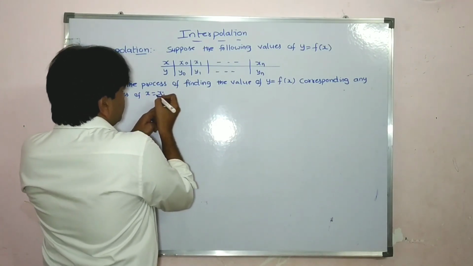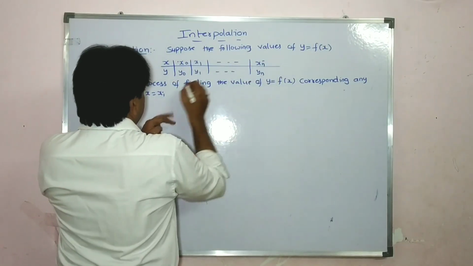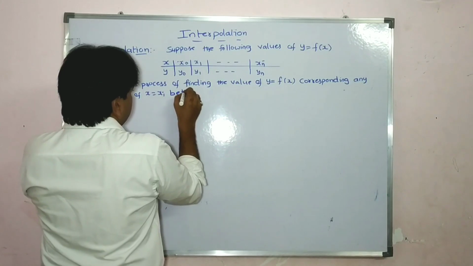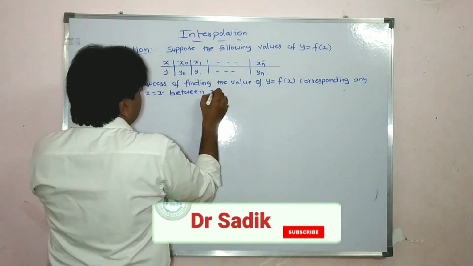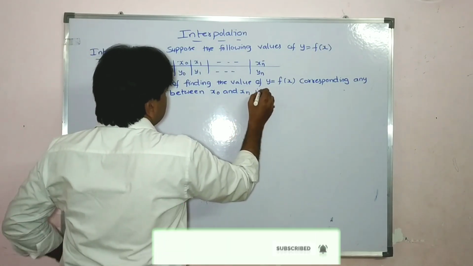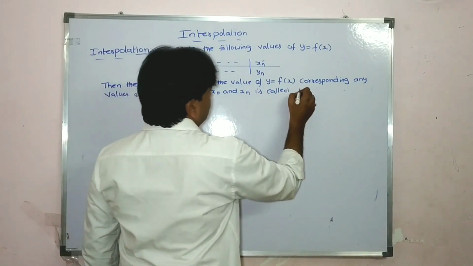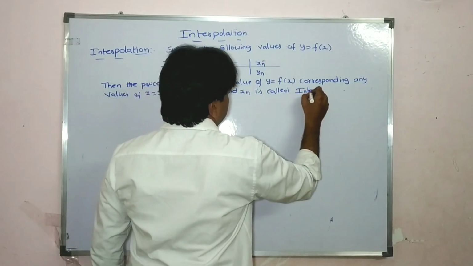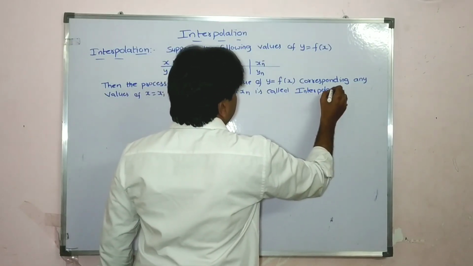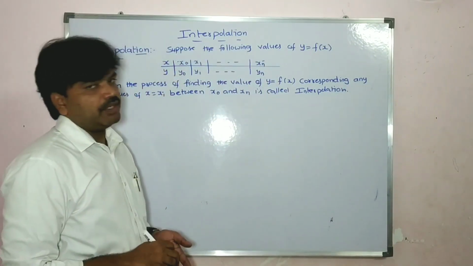Now, x is equal to xi means, students, what is the range here? Between x0 and xn is called interpolation. This is the basic definition of interpolation, students.